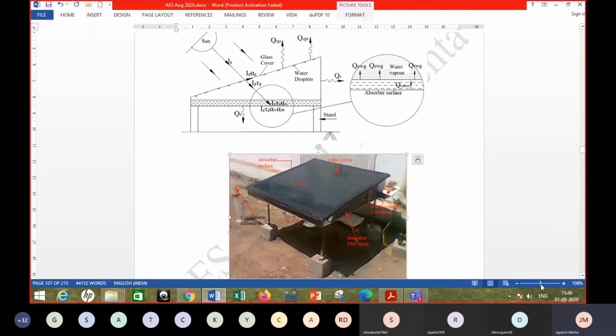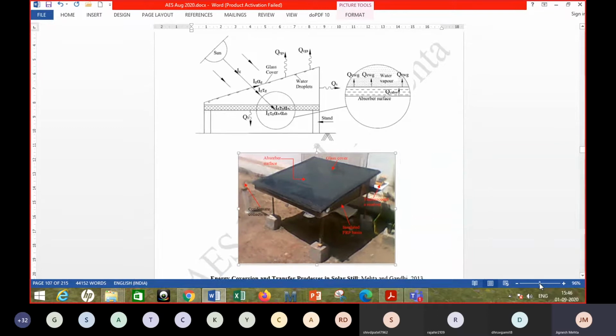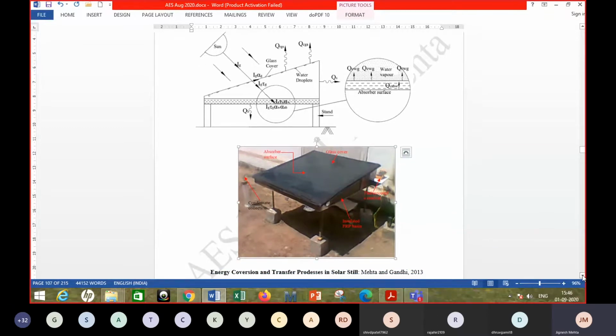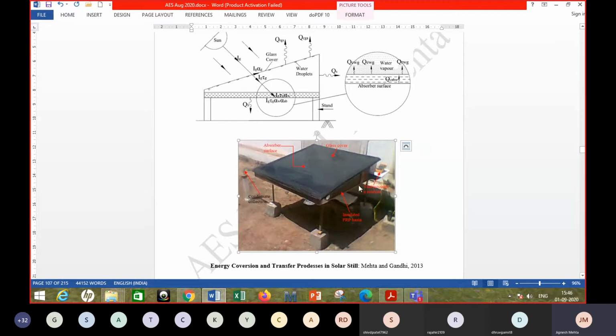You can have a single sloping design also, the way it is shown here. The photograph at the bottom is an actual solar still that we had employed outside our laboratory, the refrigeration and air conditioning lab in our mechanical engineering department.